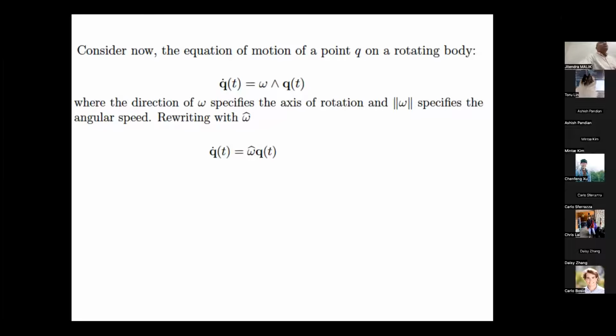Now we start to move to more interesting stuff, which is basically I'm going to show that the exponential of a skew symmetric matrix gives you a rotation matrix, and that this is the right way to think about rotations. They are exponentials of skew symmetric matrices. So we'll do that first.